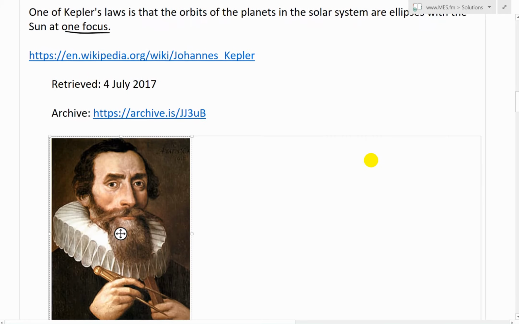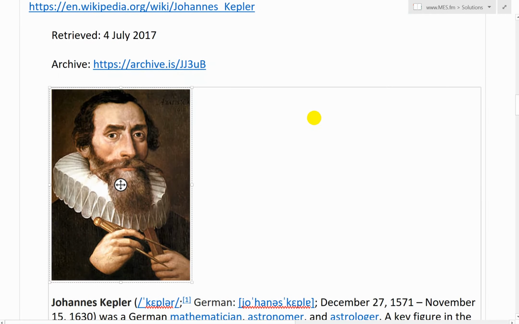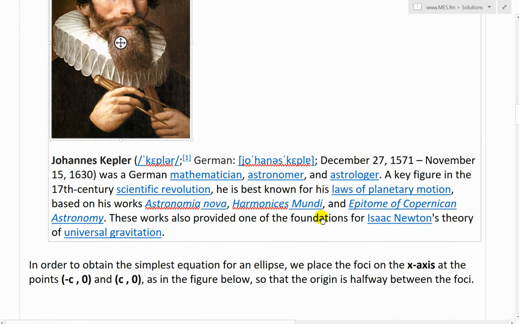Now if you go to Wikipedia, for a quick mainstream view of Kepler: Johannes Kepler was a German mathematician, astronomer, and astrologer. He lived from 1571 to 1630, and he was a key figure in the 17th century scientific revolution.